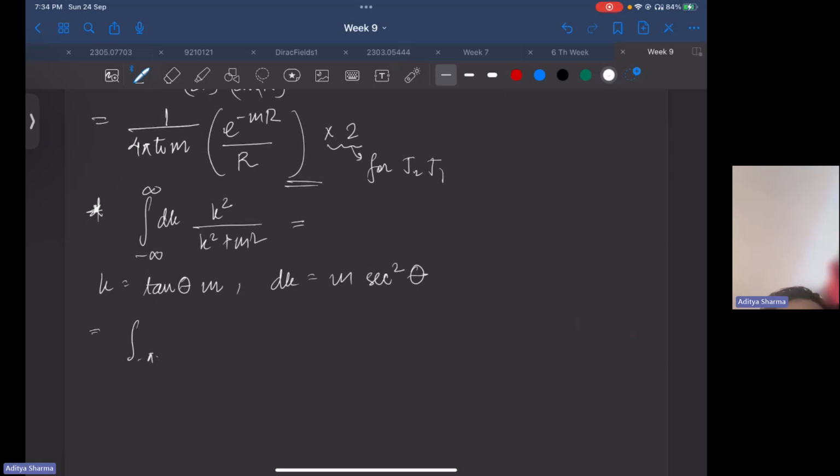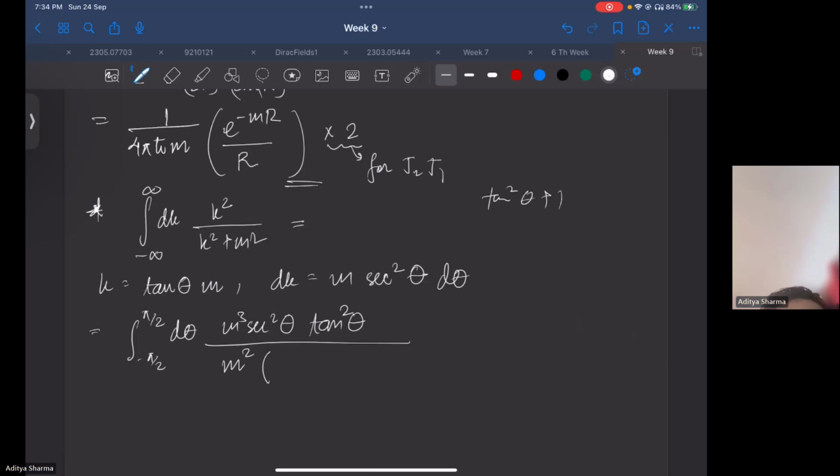The integral is from minus pi by 2 to pi by 2. k squared plus m squared is m squared tan squared plus 1, and tan squared plus 1 is sec squared theta.